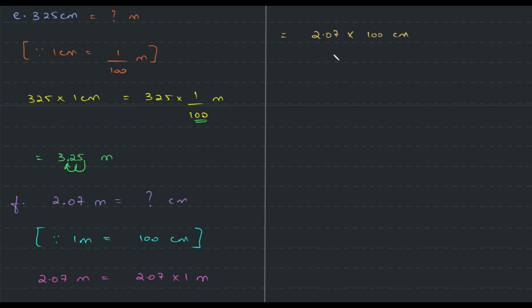So this is what we are doing, substituting. Because there are two zeros basically, we need to shift it to the right. And so this is 207 centimeters. I think that's it.